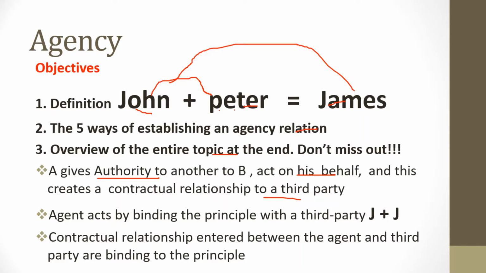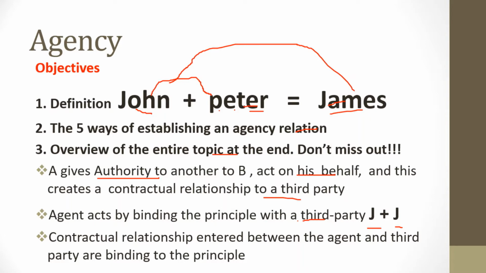So simply put, the agent acts by binding the principal with a third party, meaning that John and James are contractually bound. These two parties, the principal and the third party, will be bound by the actions and transactions entered into between Peter and James.